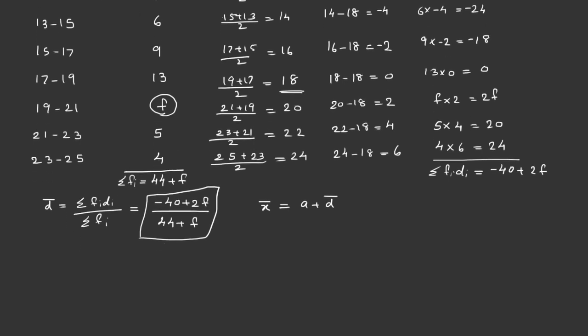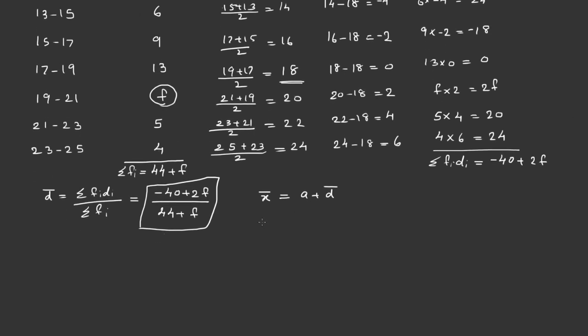Substituting these values in this equation, I will get 18 is equal to 18 plus minus 40 plus 2f divided by 44 plus f. We know this 18 can be put here, that is 18 minus 18, that is equal to 0, is equal to minus 40 plus 2f divided by 44 plus f.